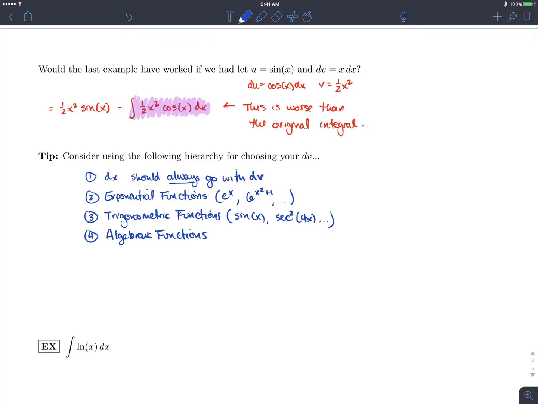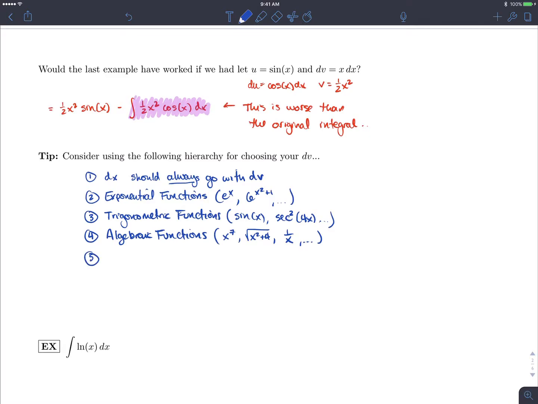So algebraic functions are just functions of x that involve just powers or radicals, adding, subtracting, basic algebraic maneuvers. So things like a power function, a square root function, a rational expression, these are algebraic functions.